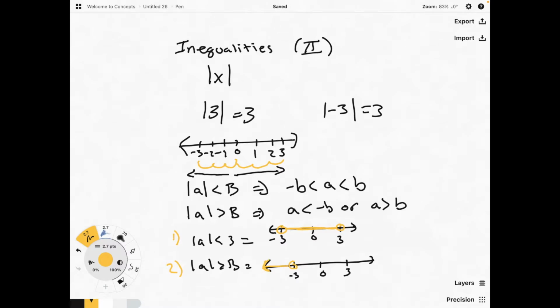And we also see that A is greater than B, so that's any value in this direction. If we wanted to write this in interval notation, we would just say negative 3, comma 3, and this is saying that they're all numbers between negative 3 and 3. So this just states that this is up to and this is up to. If we had greater than or equal to, then this would become a bracket.